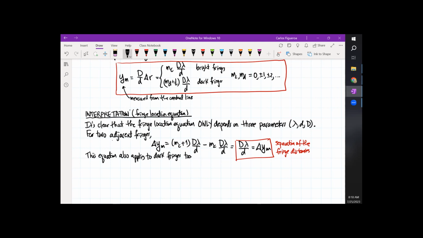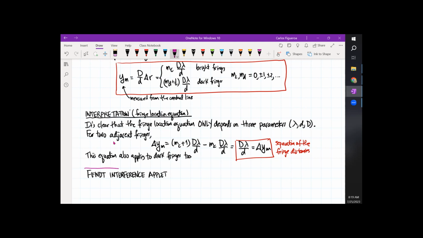So what I'm going to do here is look at the PhET interference applet. This is not my preferred applet, and the main reason is because it doesn't have the screen distance.